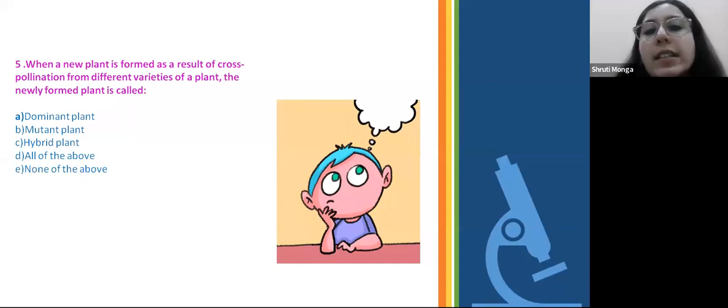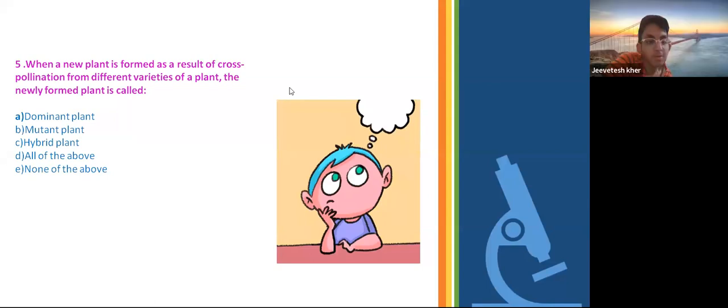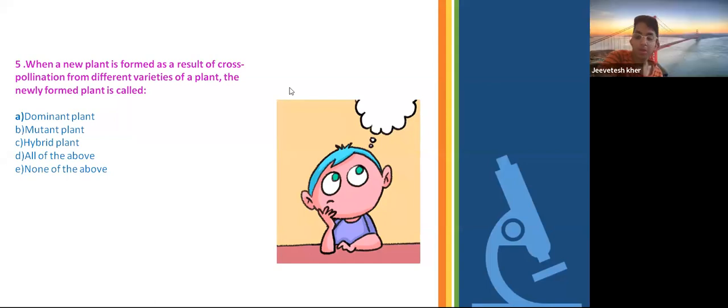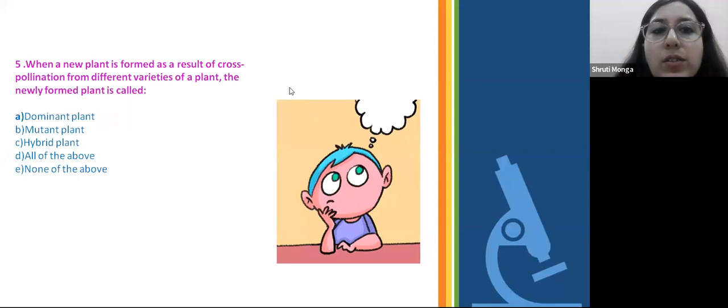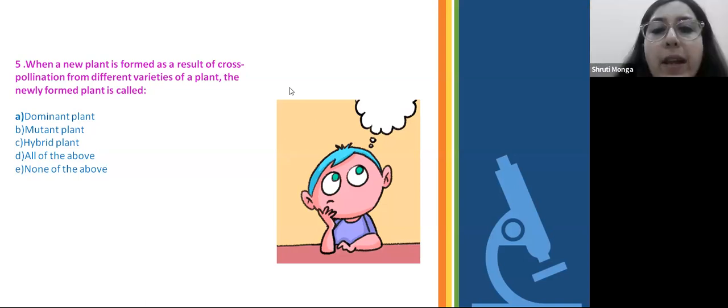See this question. When a new plant is formed as a result of cross-pollination from different varieties of a plant, the newly formed plant is called. Hriday has replied. Garvit has replied. Jivtesh has replied. Three more students have to reply: Ishan, Suhani, and Shivansh.